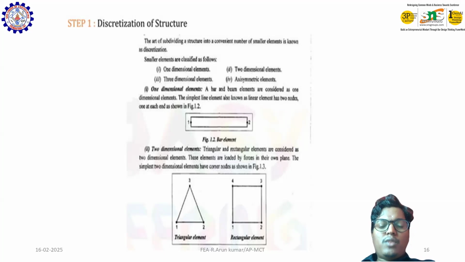This is most important for analyzing your problem: you have to define the material, and after that do the discretization of the structure, whether for one-dimensional, two-dimensional, or three-dimensional cases. It changes case by case.